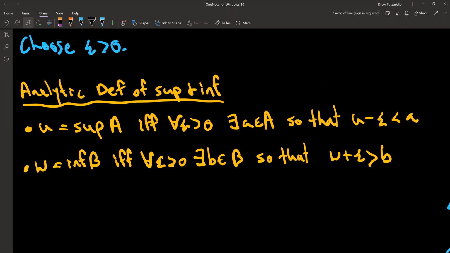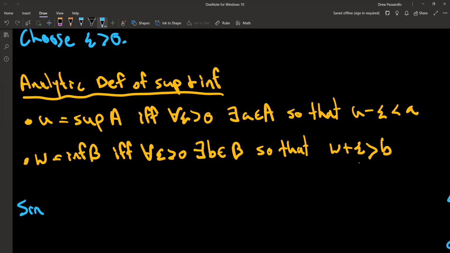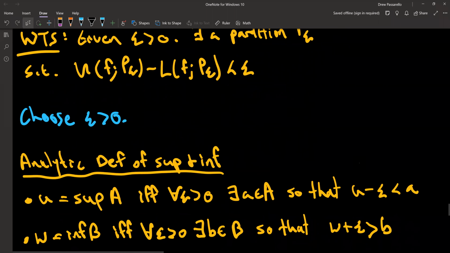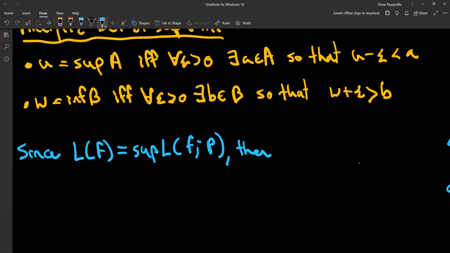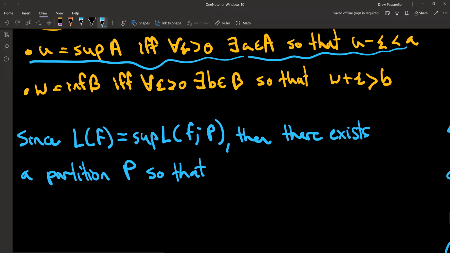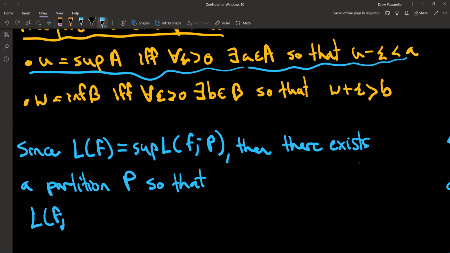Okay, so now back to the proof. So we choose an epsilon greater than 0. So since L of f is the supremum of all lower sums, and I'm using partition P, then there exists a partition P so that its lower sum, so we want to fit this definition, so that the lower sum with P is going to be greater than L of f.